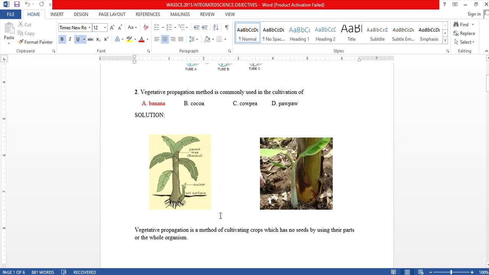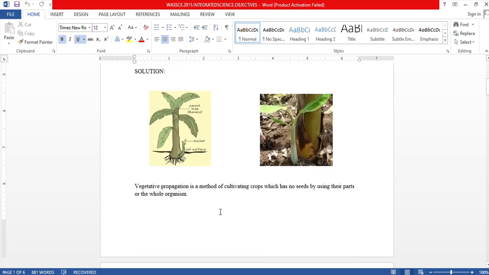All these are vegetative propagation. But if you look at cocoa, cowpea, pawpaw, all these produce seeds, so you can cultivate them using their seeds. That is not vegetative propagation. Cultivation of plants without seeds, but using parts of the organism, is vegetative propagation, so the answer is banana.